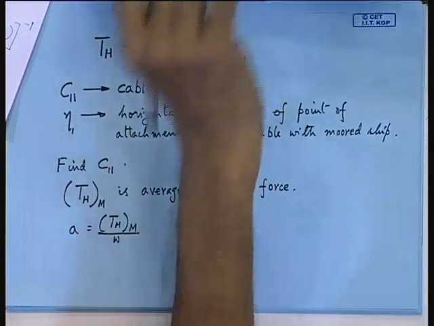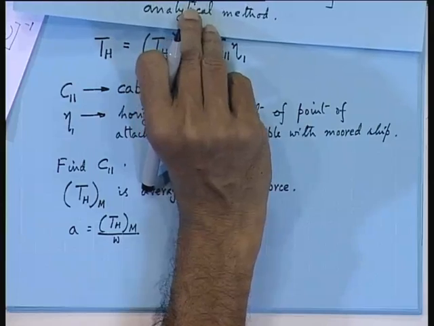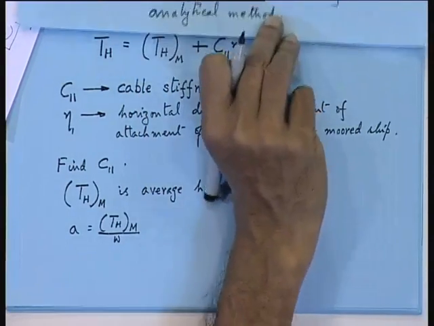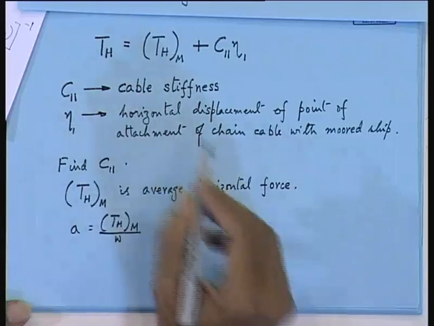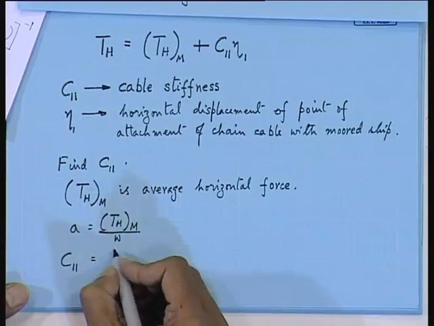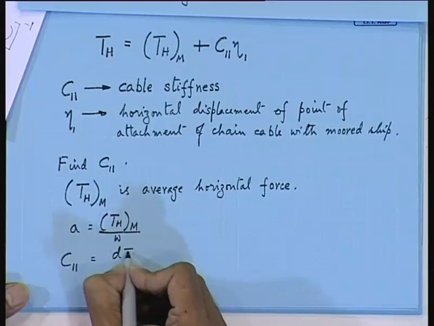What is the value? C11 we have already found out. Now C11, the cable stiffness, you write this as dTh over dx.